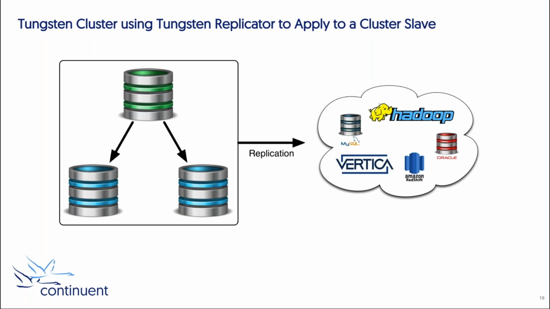So the replicator will just find another node in the cluster and continue reading from that node. This means your replication stream stays active without any intervention. There's no need to reconfigure. There's nothing to do to bring up replication. It's all handled automatically. So we can have a Hadoop cluster slave reading from a cluster. Anything happens to that cluster, replication stays up because the replicator is aware that we have several nodes in the cluster that we could read from.